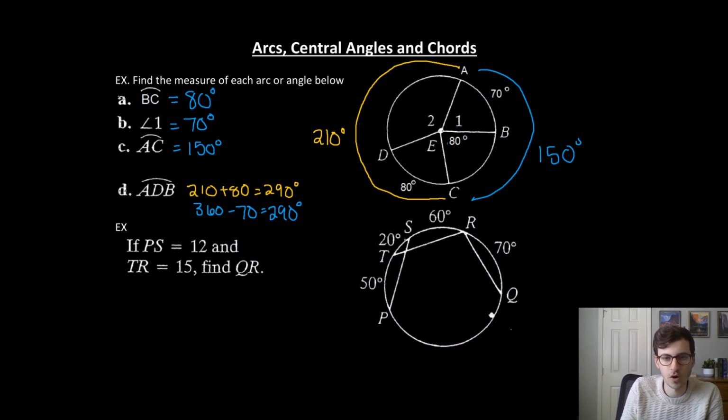So this whole arc right here, arc SP, is 70 degrees, right? So if that's 70 degrees, that's the same as QR. So I don't even need the fact that TR is 15. I can just say PS equals QR. So QR is 12, sorry.